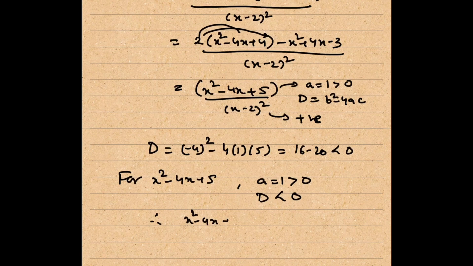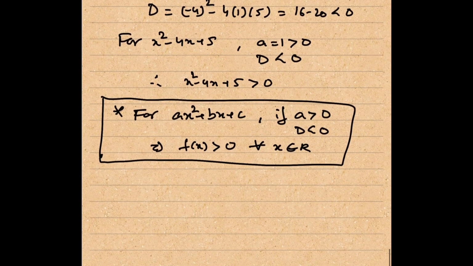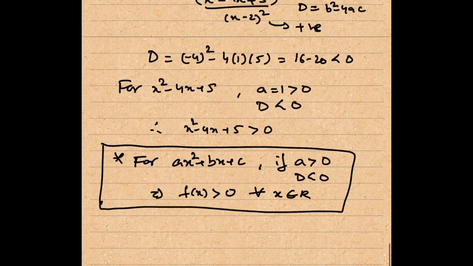Therefore this function x square minus 4x plus 5 is always positive. This we have studied in the quadratic equation chapter. For any quadratic equation, if a is greater than 0 and D is negative, then this function is always positive for all x belonging to R.